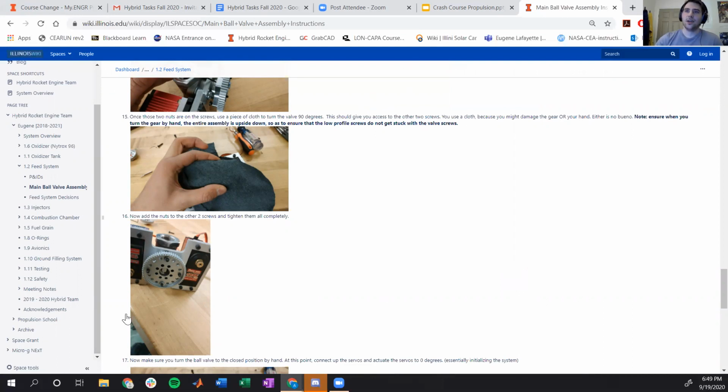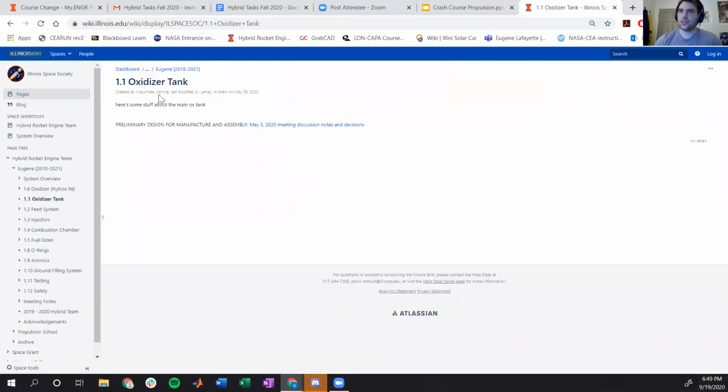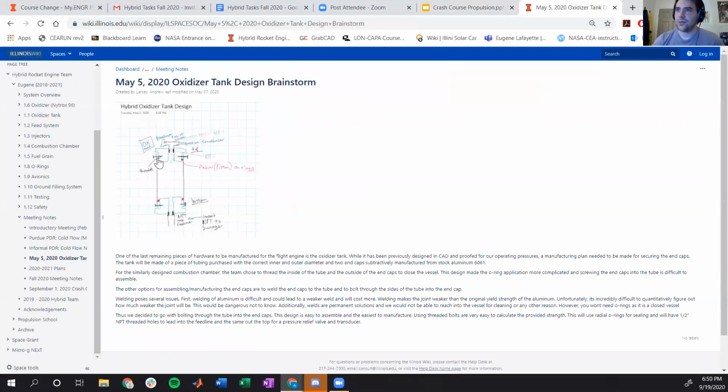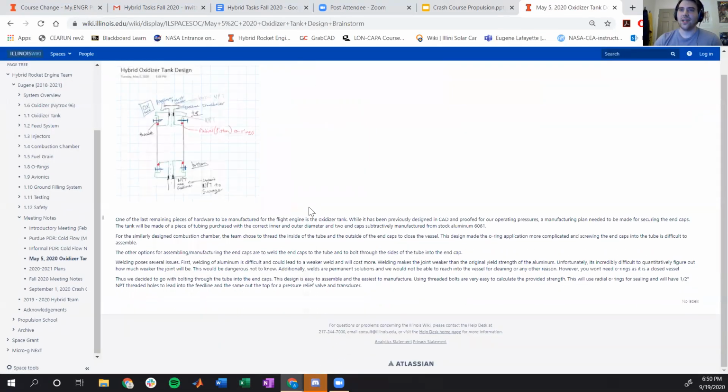All the things we've talked about during the sessions have their own sections. We need to fill this out more, but you can actually see our initial meeting from May where we were starting to brainstorm some of the initial designs for the Ox tank. This is a design that we're not going to be using anymore, but you can keep track of this stuff.